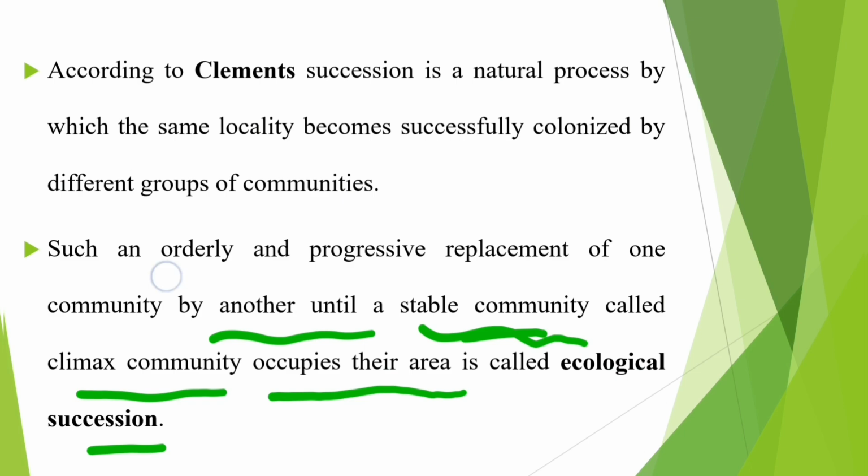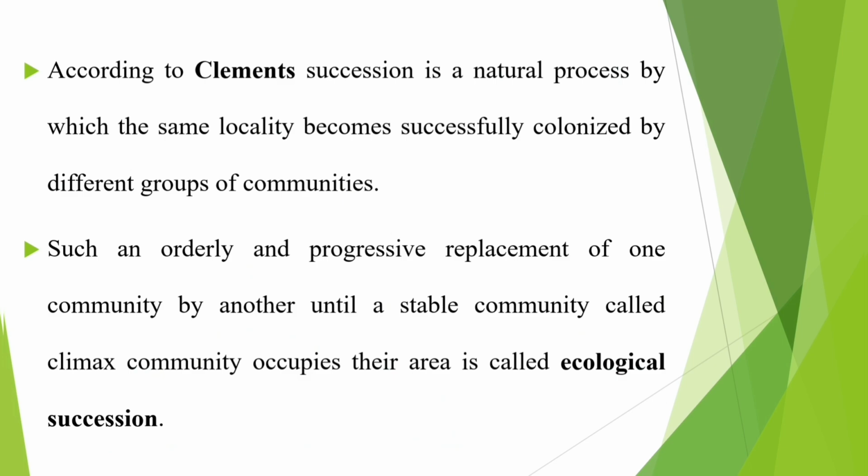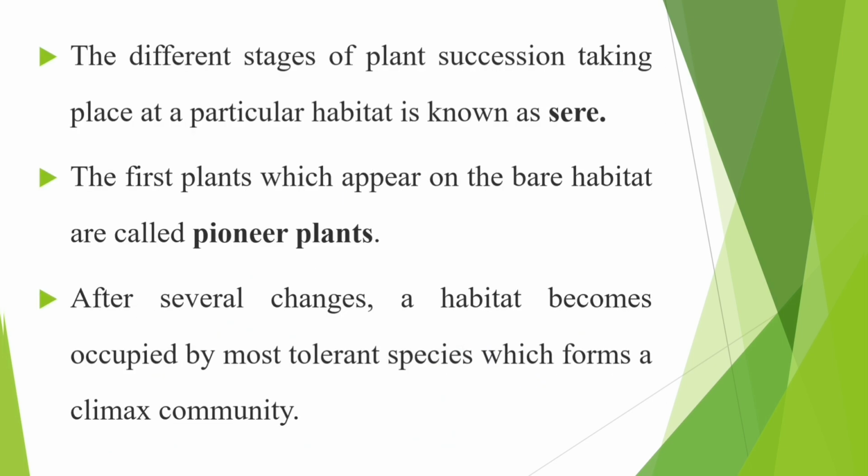That stable and final community is called the climax community, and this progressive replacement is called ecological succession.